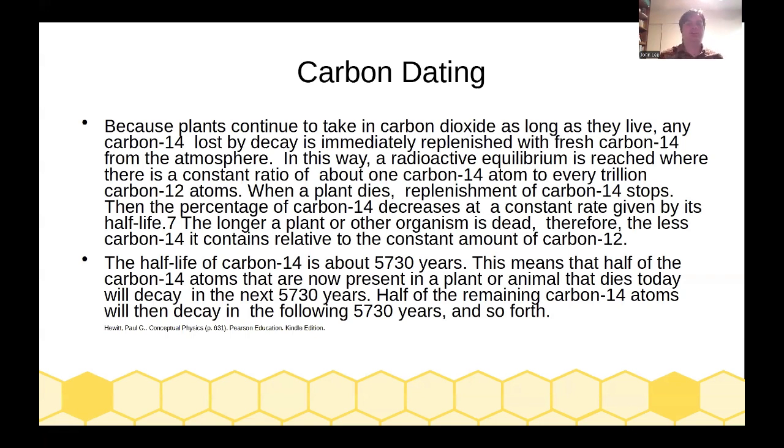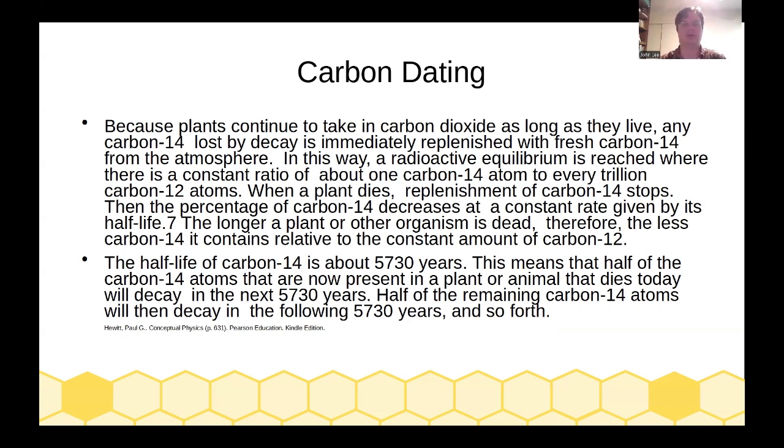So, carbon-14 is a radioactive element, but plants, as long as they're alive, take in carbon dioxide, and the carbon-14 lost by decay is immediately replenished by fresh carbon-14 from the atmosphere.